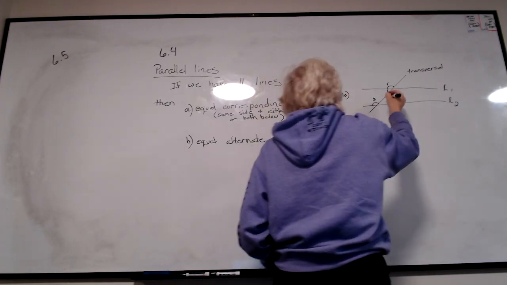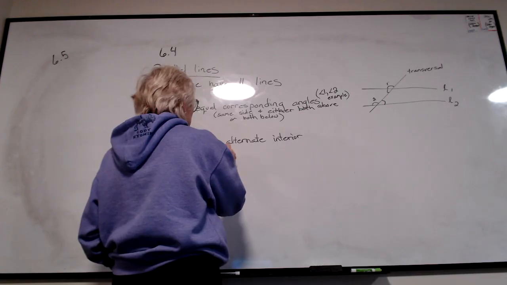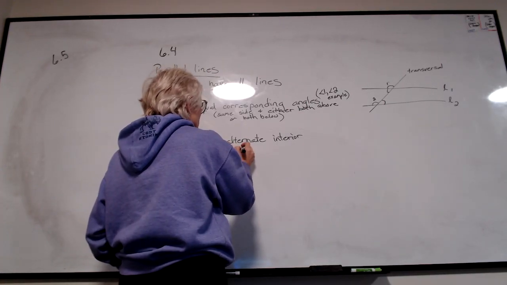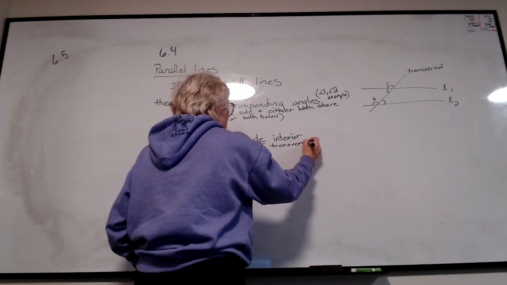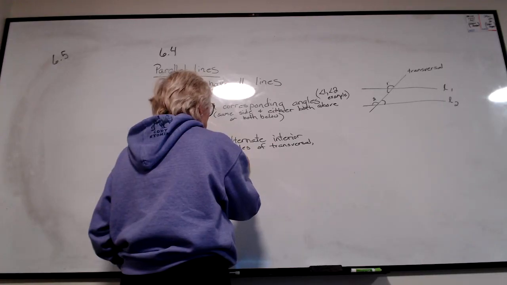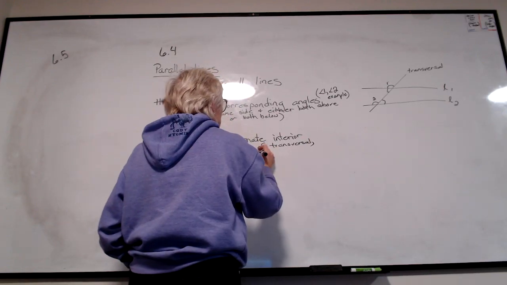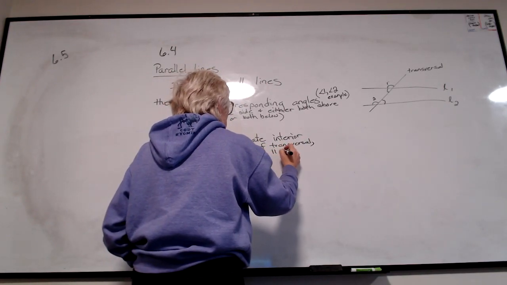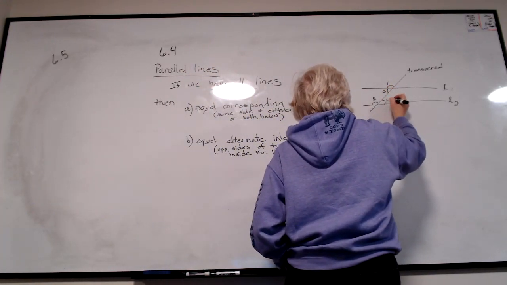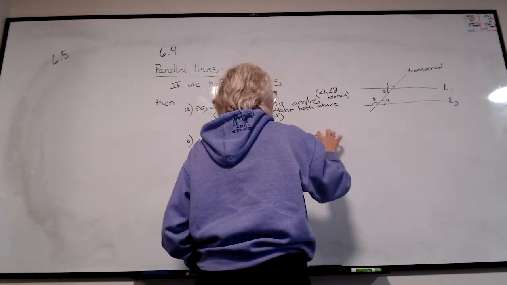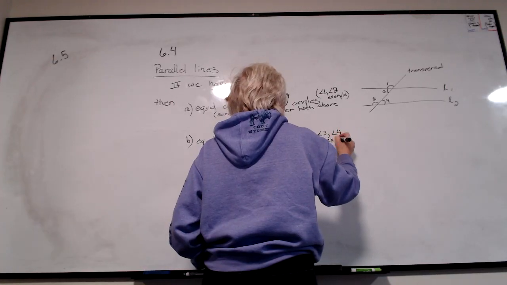Alternate interior angles are on opposite sides of the transversal and inside the parallel lines. An example here would be 3 and 4. Angle 3, angle 4 is an example.